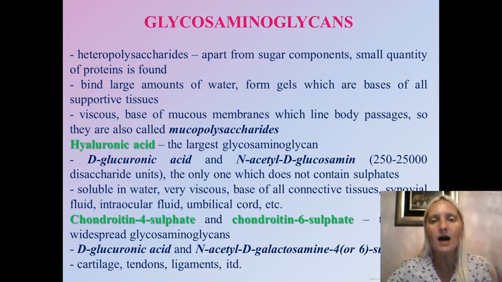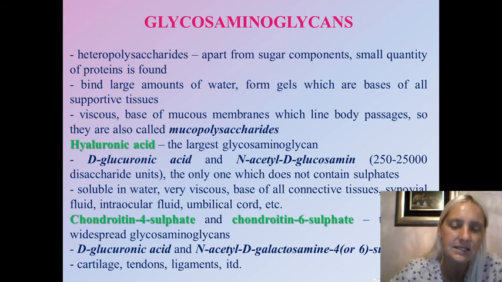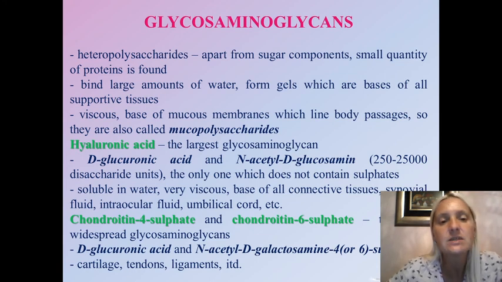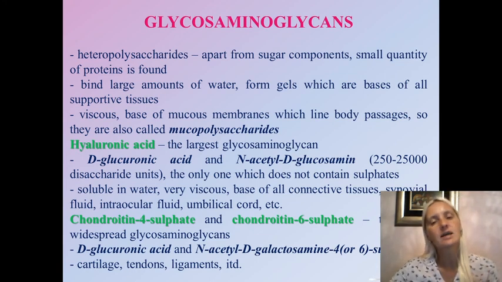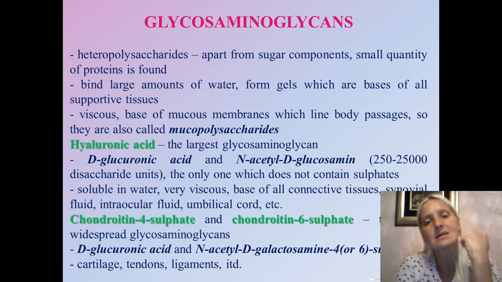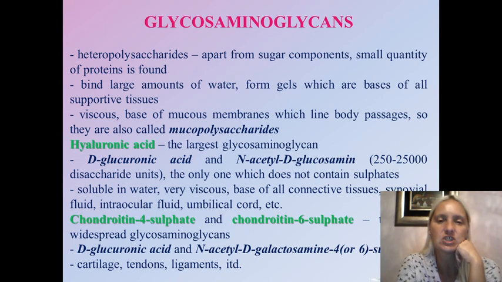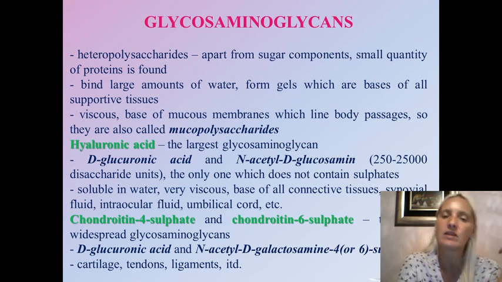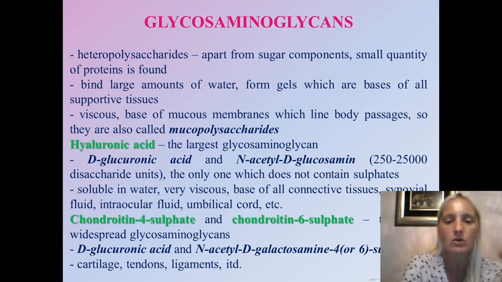Several hundreds or several thousands of those disaccharide units are found in the molecule of hyaluronic acid. And this one is the only glycosaminoglycan which does not contain sulfates in the structure. It's soluble in water, it's really viscous, and it makes the basis for all connective tissues, for synovial fluid, for intraocular fluid, umbilical cord, and so on.